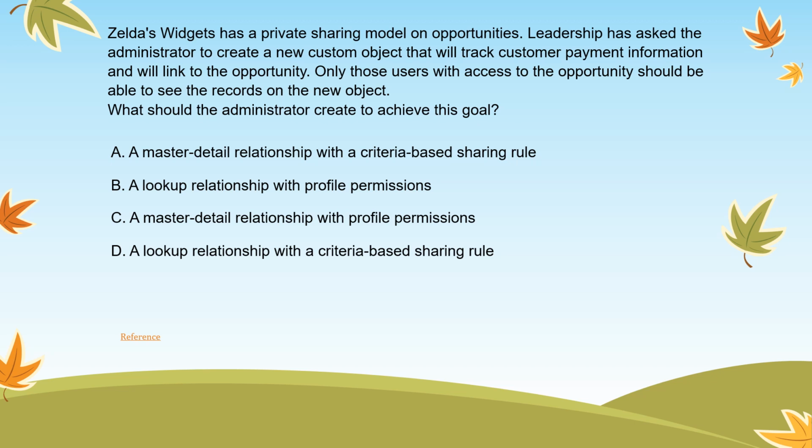So we know that it's not going to be a lookup. It needs to be a master detail relationship. So we know that B is out because it can't be a lookup. And D is out because it can't be a lookup. So a master detail relationship with criteria-based sharing rules, that wouldn't work in this situation.